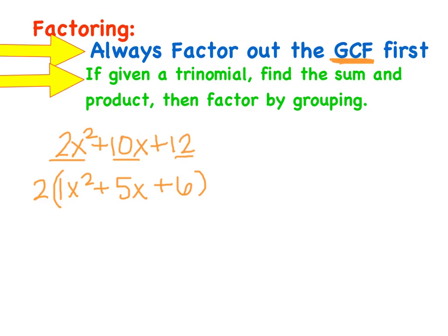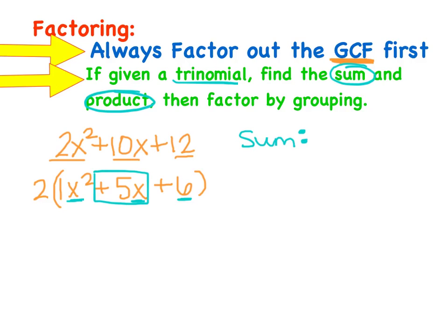Alright, now this is where it gets interesting. Since I have a trinomial, and mainly a trinomial that has an x squared, an x, and then just a number, this is the type of trinomial that we can factor. I'm going to find the sum and product. The sum is found by the middle term, the coefficient or the number in front of x, so that's positive 5.